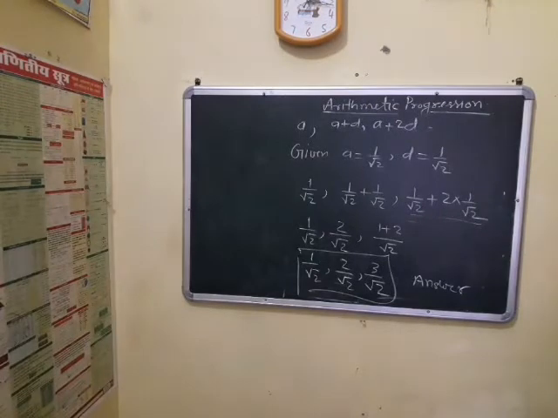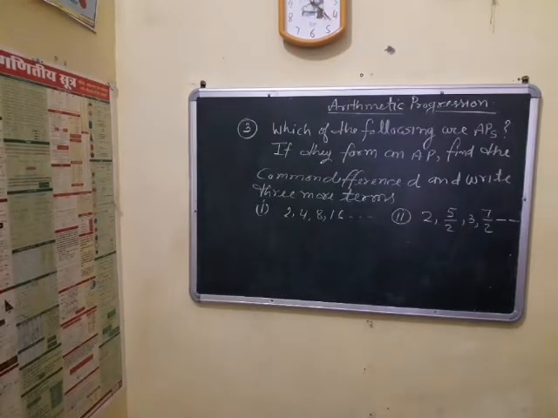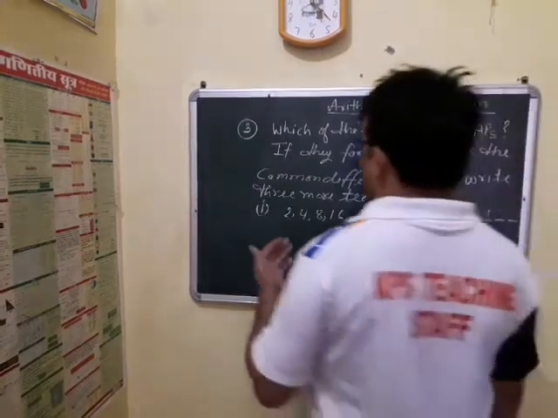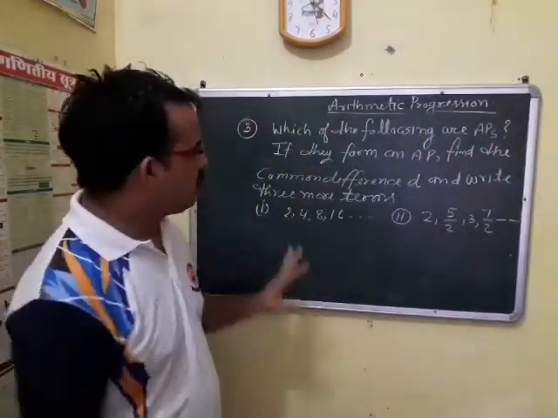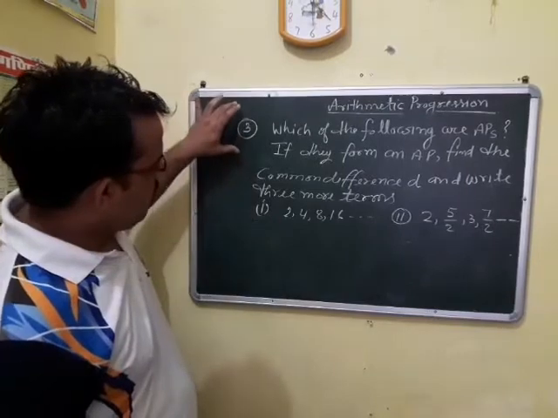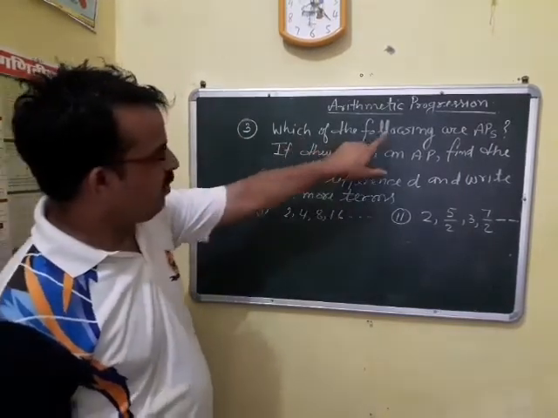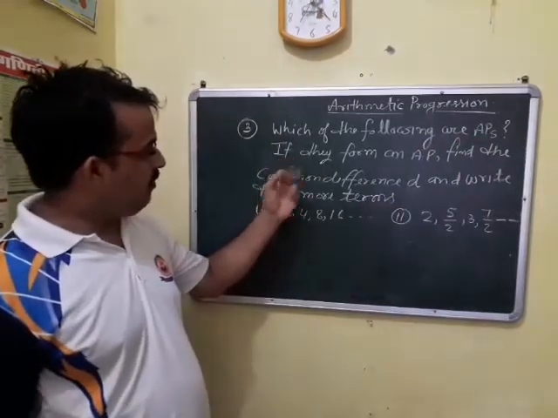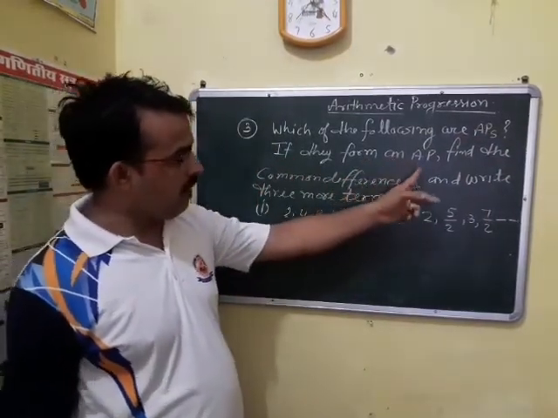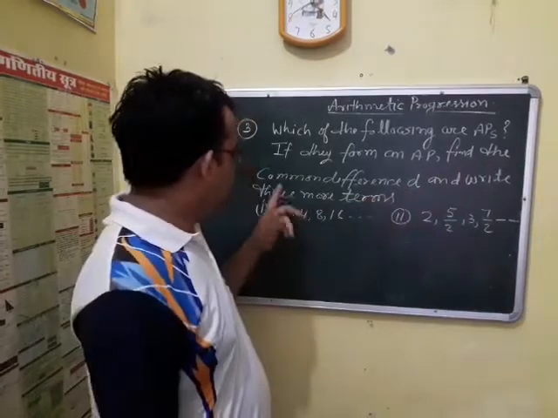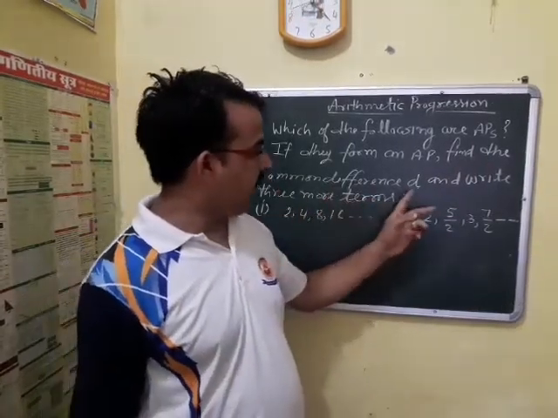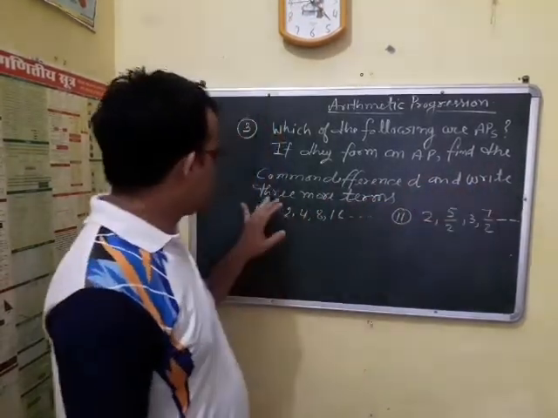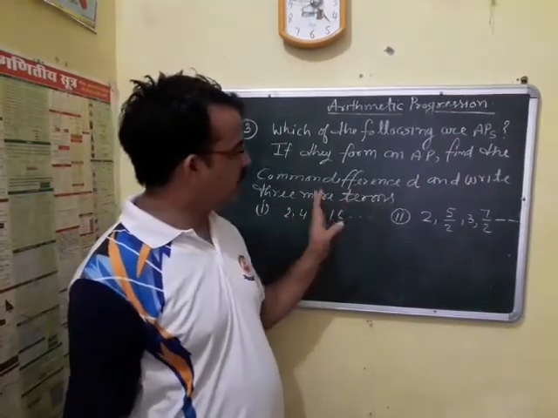Clear? Now we discuss the next question of this exercise. Now discuss your third question here. Third question here is given: Which of the following are APs? If they form an AP, find the common difference D and write three more terms.